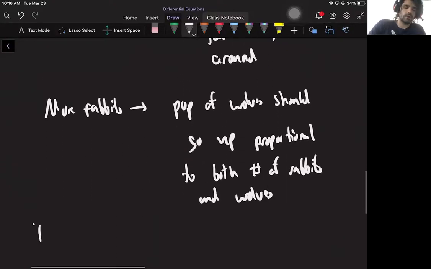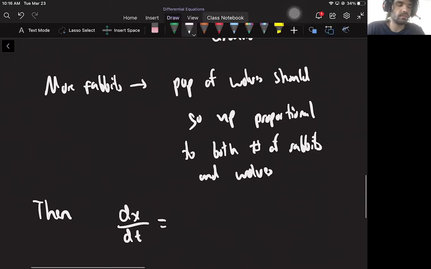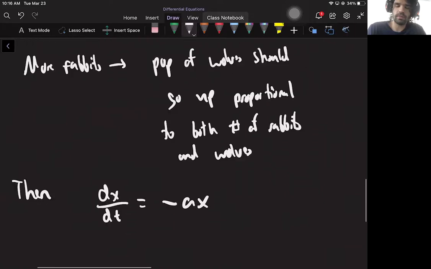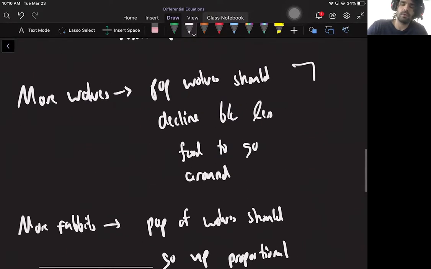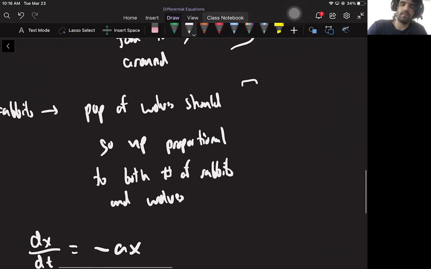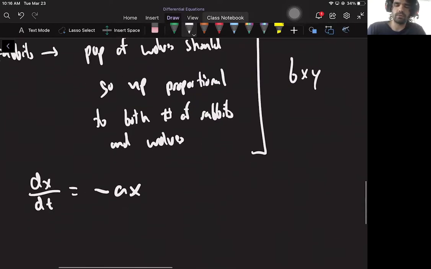So what is this all saying? Population of wolves, the rate at which it changes, should go down proportional to how many wolves there are. So that's what this part is saying. So this is saying that there's a factor of negative ax, but then it should go up proportional to both amounts.